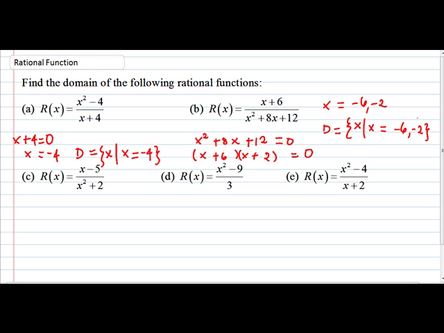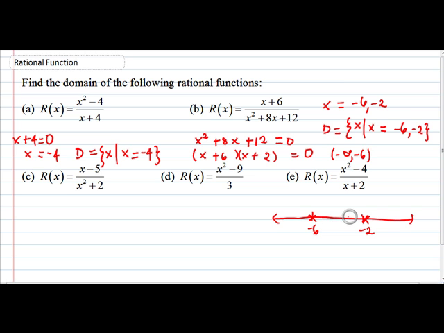Now, if we want to write our solution in interval notation, the easy way is to draw the real number line and mark -6 and -2. Our domain cannot include these 2 points, so I cross them out. Our domain is anything inside this interval, which is -infinity to -6.